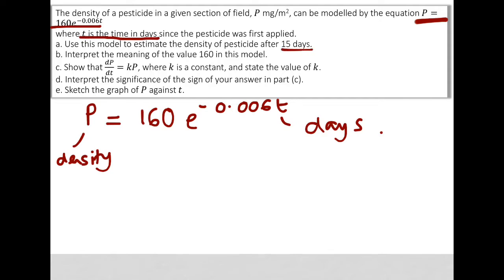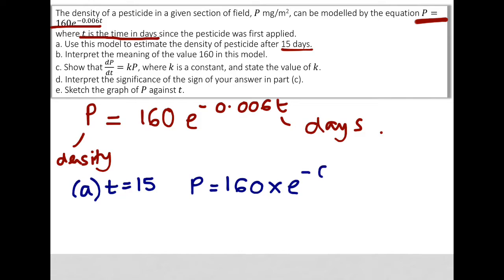So actually, part A looks quite simple because for A, T is equal to 15. So I can just substitute 15 into this instead of T, because remember T is measured in days, and I type that in my calculator. So off you go, type it in your calculator. What do you get?